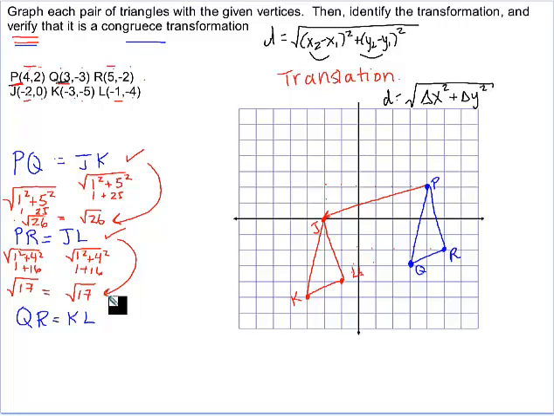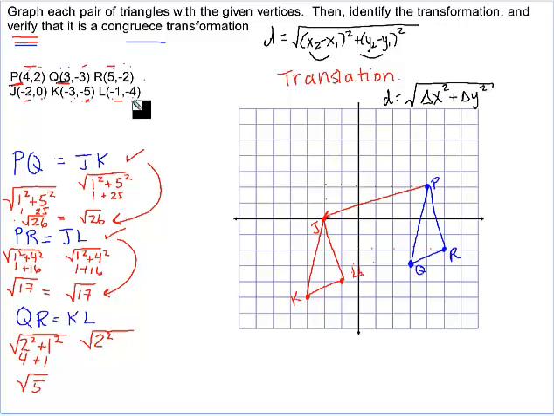Last but not least, QR, does that equal KL? Q to R, 3 to 5 is 2, so our x's change 2, so 2 squared. Negative 3 to negative 2 is 1, so our y's change 1, so 1 squared. 2 squared is 4, 1 squared is 1, 4 plus 1 is 5. So QR is the square root of 5. K to L. Negative 3 to negative 1 changes 2, so 2 squared for our x's.